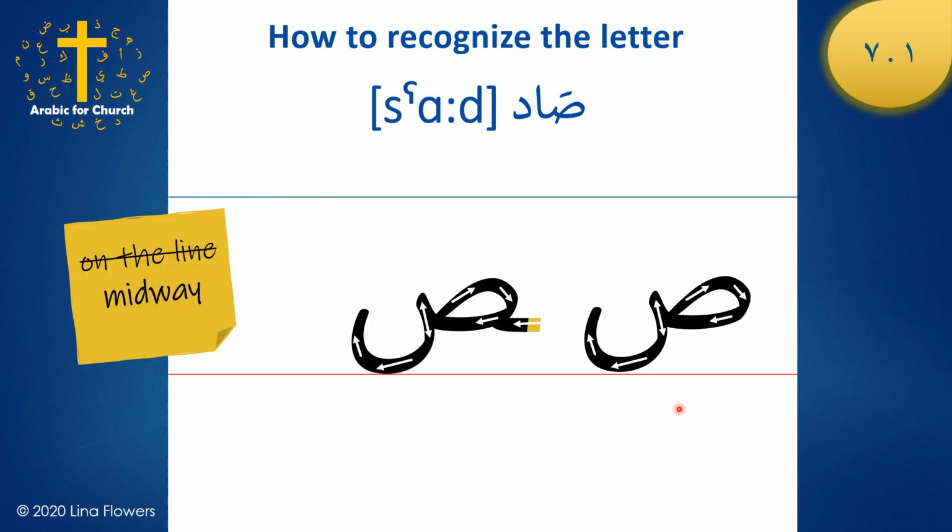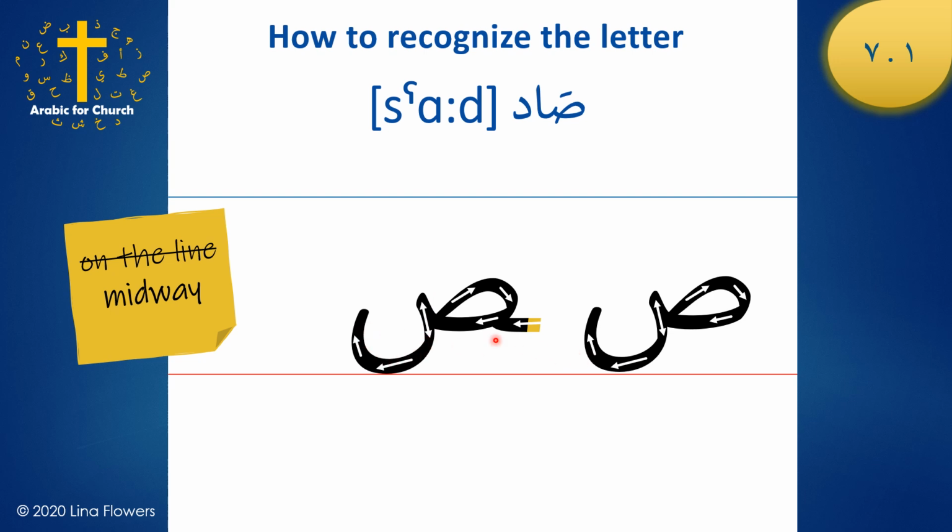So with the isolated form of Sad, we start from left to right so that we can complete the full circle, and then move to the basket. Now when we connect, we're going from right to left, so we're coming in this direction, and then we stop to start the Sad properly.